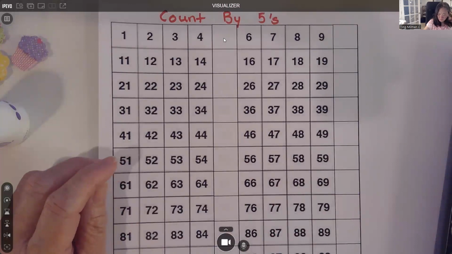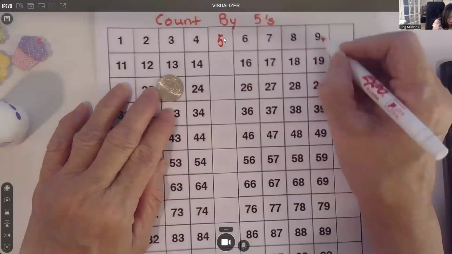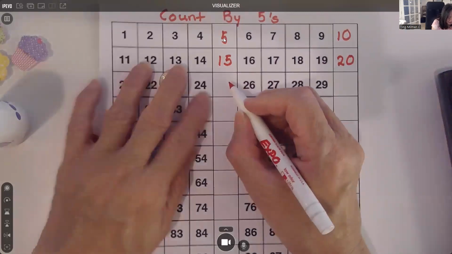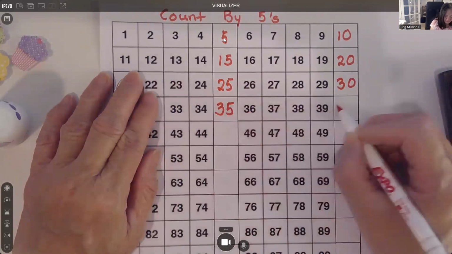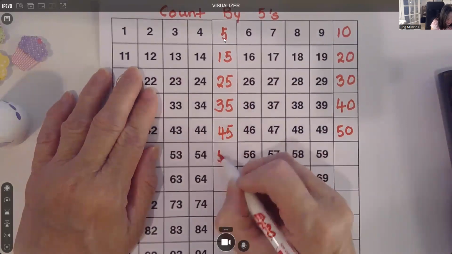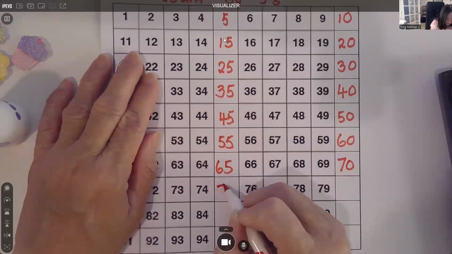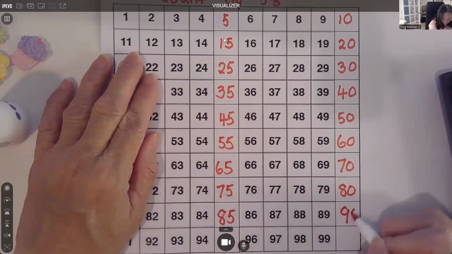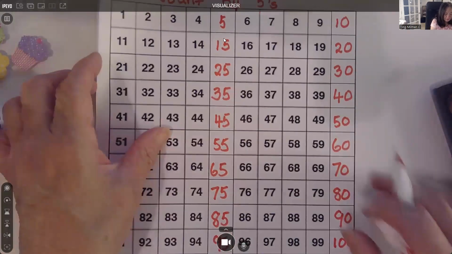So I'm going to start with, I can write 5 and then 10, 15, 20, 25, 30, 35, 40, 45, 50, 55, 60, 65, 70, 75, 80, 85, 90, 95, 100. All right. So this is counting by fives.